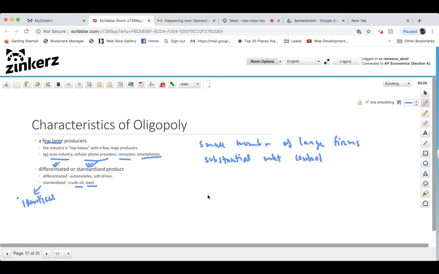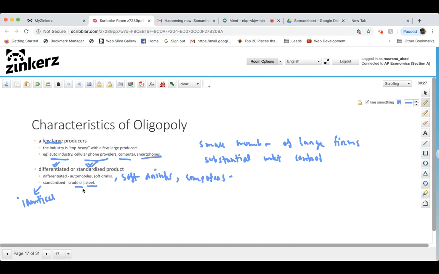And then soft drinks, smartphones, computers. Okay, so these are oligopolies that are producing differentiated products. And if you look at all of these markets, you will see that that first characteristic is always true.